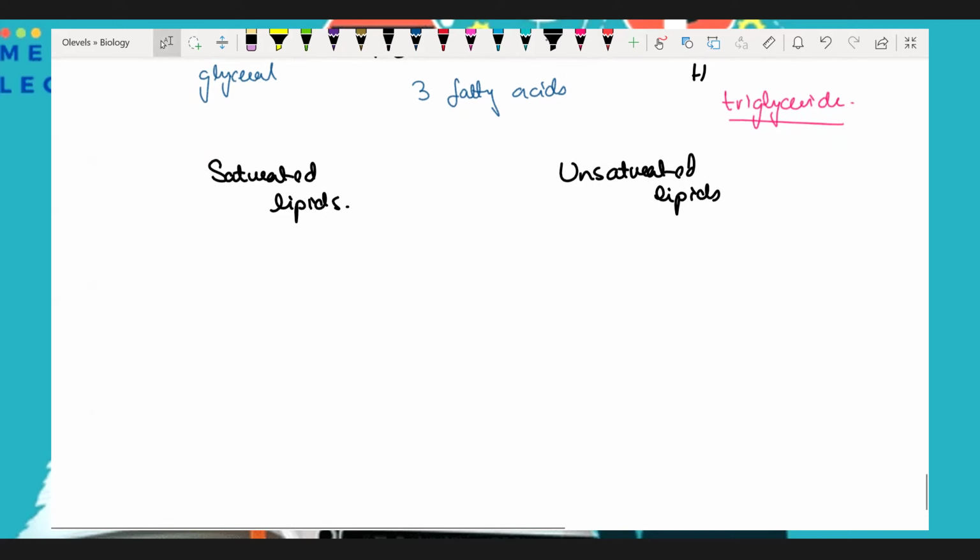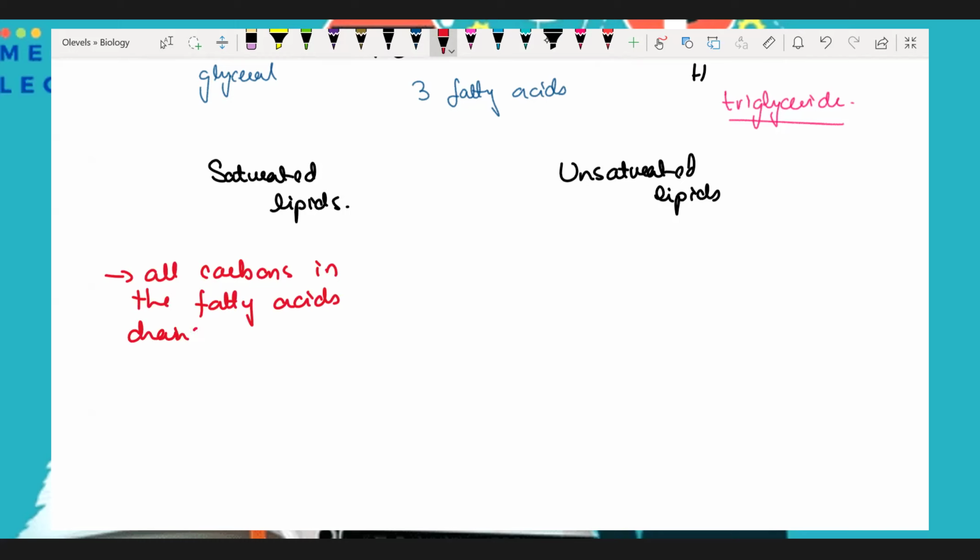Now we can have a look at saturated and unsaturated lipids. Okay, see. In saturated lipids, all carbons in the fatty acid chains are joined by single bonds, right?